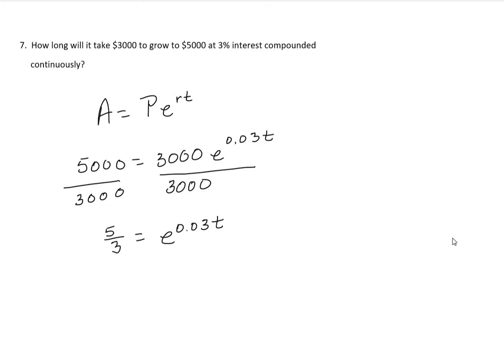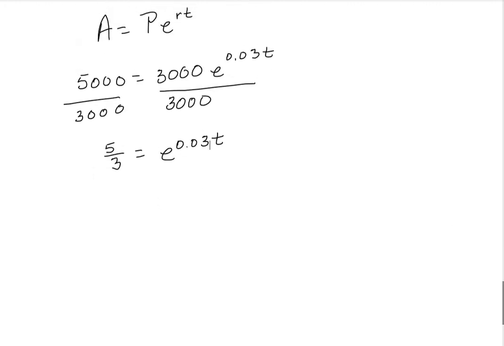And from here, there's a couple of different things that you can do. I'm going to take the natural log of both sides of the equation. Natural log of 5/3 equals the natural log of e to the 0.03t power. And I'm going to be able to simplify the right-hand side here, and I'm just going to end up with this exponent.